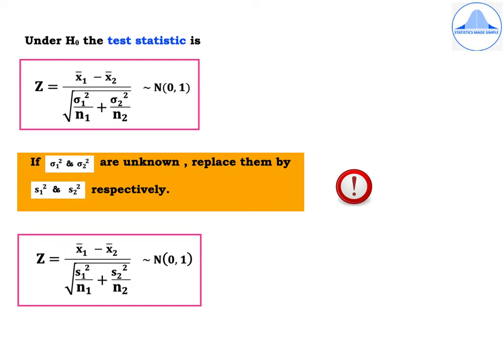And here remember that if sigma 1 square and sigma 2 square are unknown, or they are not given to you in the problem, you have to replace them by s1 square and s2 square respectively, where s1 square and s2 square are the sample variances and you have to use small s. And the test statistic will now change to z equal to x bar 1 minus x bar 2 divided by root of s1 squared by n1 plus s2 squared by n2, which follows normal 0, 1.